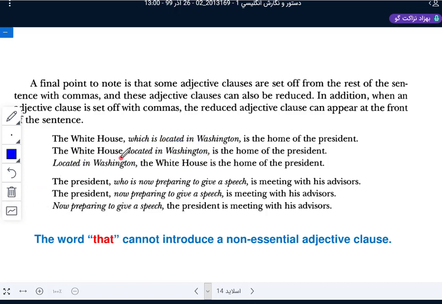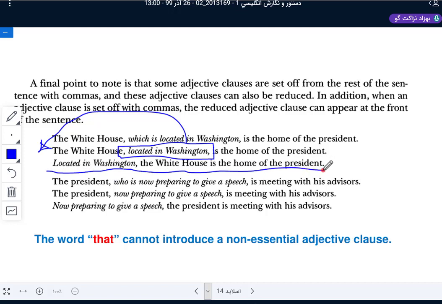When you reduce an adjectival clause and you come up with an adjectival phrase, this is called a modifying phrase. A modifying phrase can move to initial position in a sentence. And we do this, first of all, to have a very advanced type of writing in our sentence, and this shows the focus of the sentence.